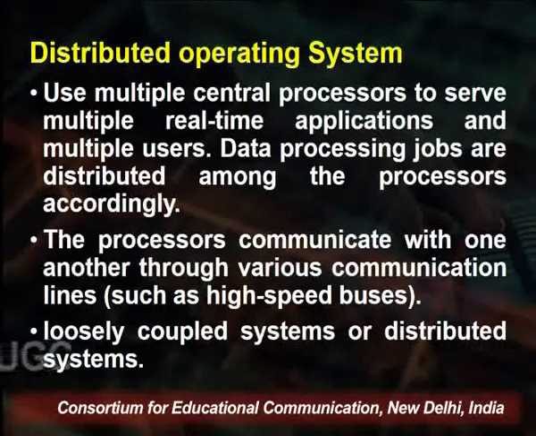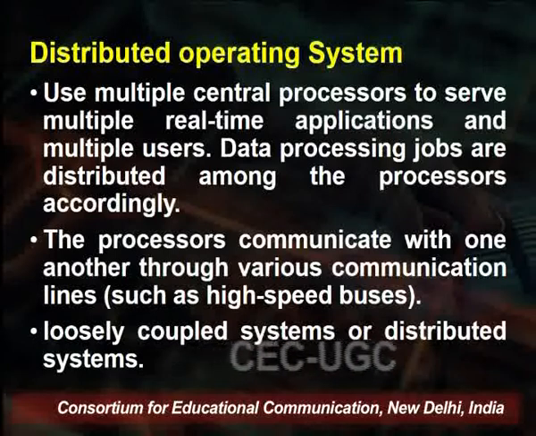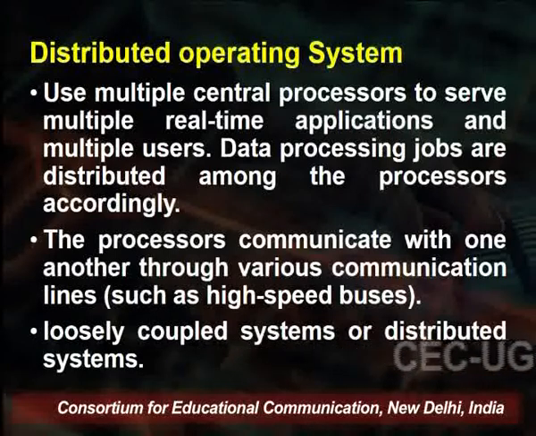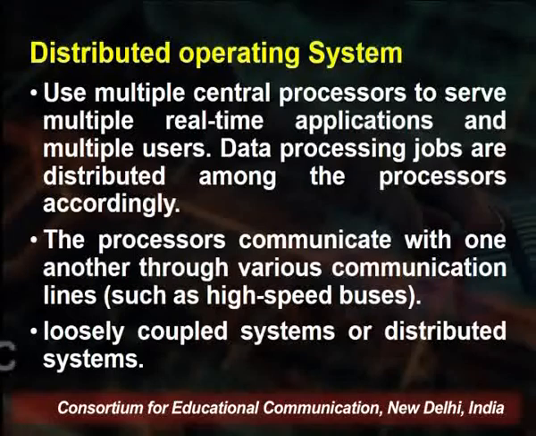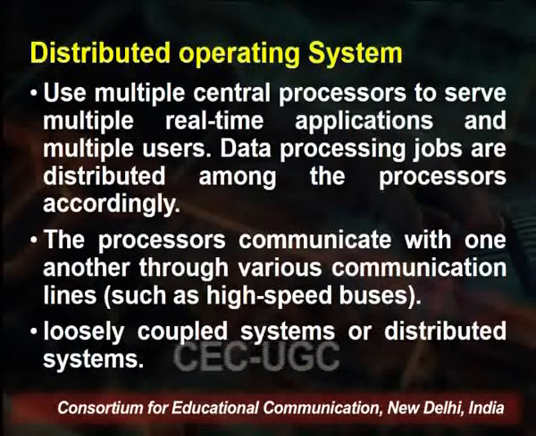Now these could be data processing jobs or CPU intensive jobs, or whatever jobs they could be. Data processing jobs are distributed among the processors accordingly. There are multiple processors and jobs are distributed among them.